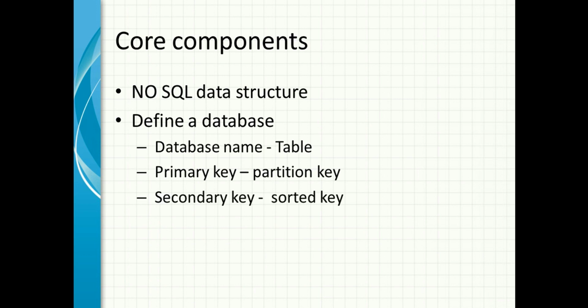And there is also a secondary key: the composite key is the primary key plus a sort key. If the primary key is duplicated, then all matching records can be sorted by another key, and that is the sort key. In DynamoDB, the data is stored in partitions.